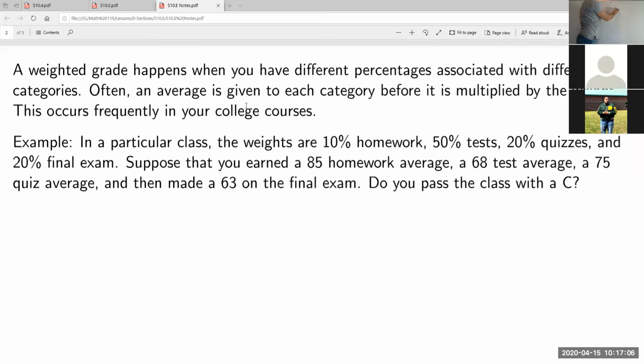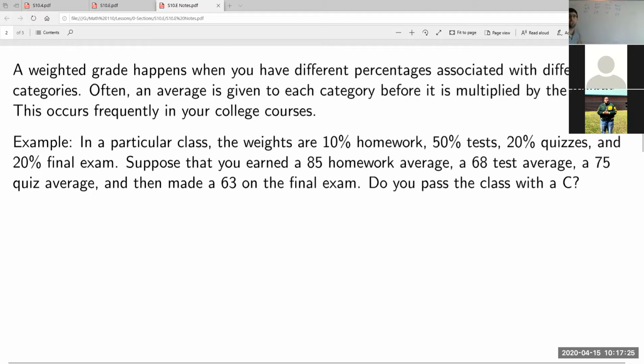And the final exam is 20%, and we made it 63.